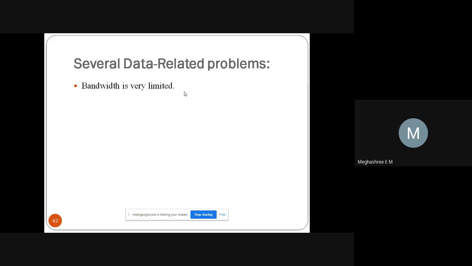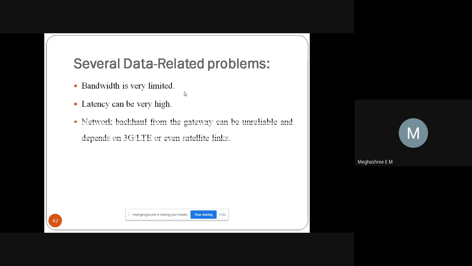The first one is that bandwidth is very limited and latency will be high, that means the delay is very high. Here the network backhaul from the gateway can be unreliable and depends on 3G or LTE or even satellite links. That is one more problem. In the last class we discussed what backhaul and gateways are, right? So with respect to that, one more problem is there.